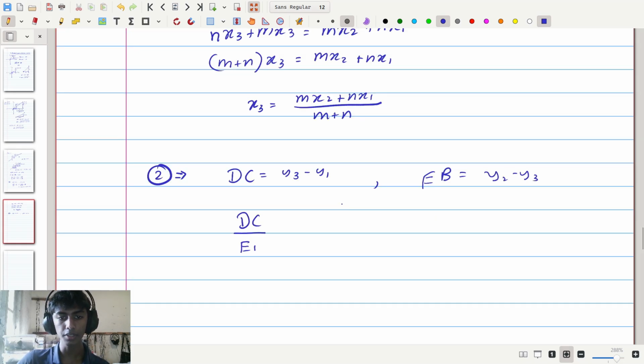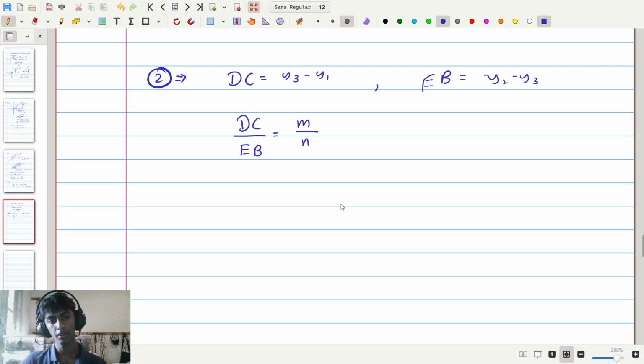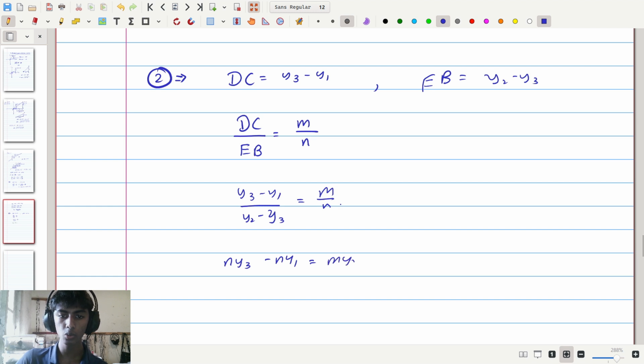Now, using these two lengths and the ratio of m to n, we can say that DC divided by EB is equal to the ratio m divided by n. Then substituting the two values we have y3 minus y1 divided by y2 minus y3 is equal to m divided by n. Rearranging, I'll just do it in one quick step here, ny3 minus ny1 is equal to my2 minus my3.